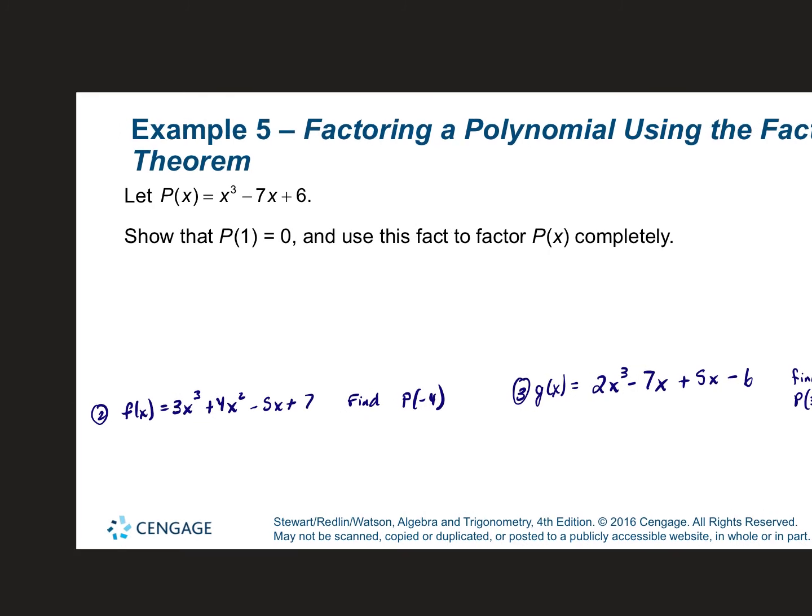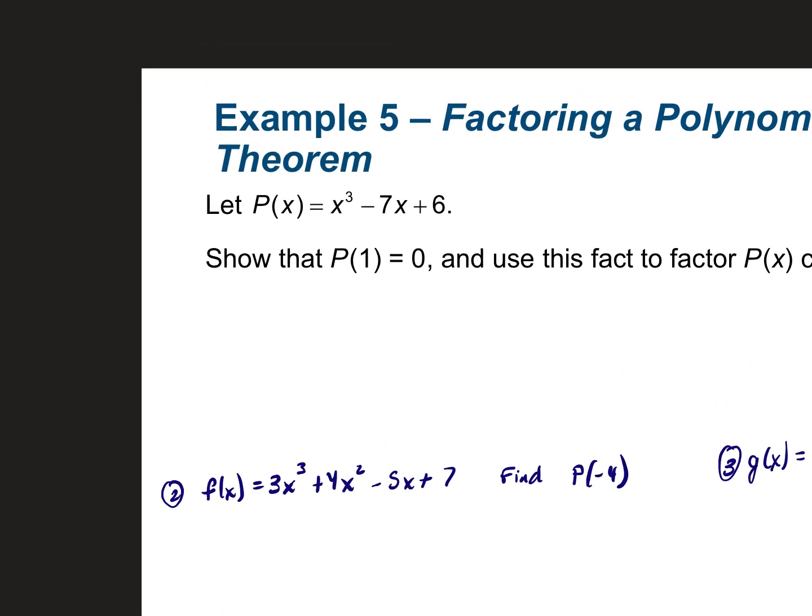So it says show that p of 1 equals 0. Use this fact to factor completely, okay? What this means, watch. They're telling me to synthetically divide using 1, yeah? So I'm going to put in 1. So my coefficients are 1, 0, negative 7, and 6, right?